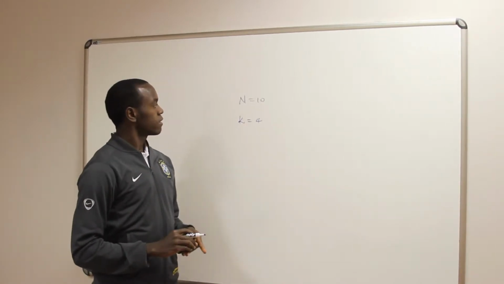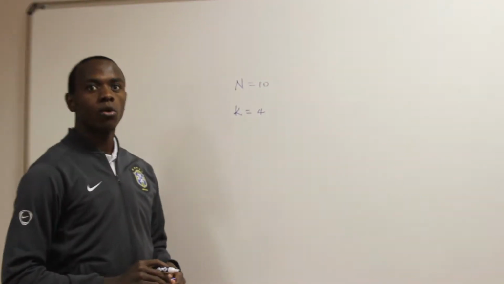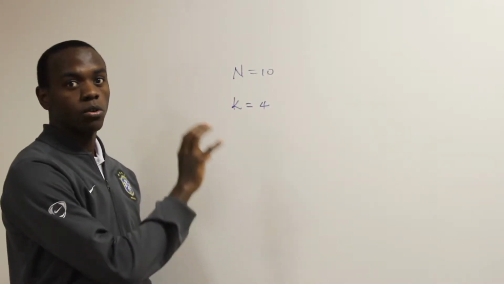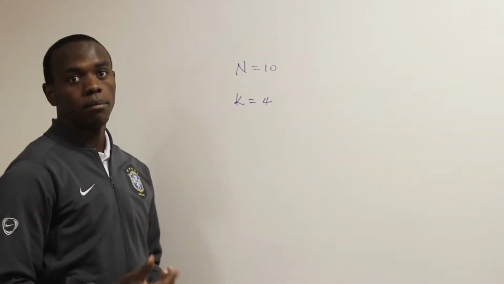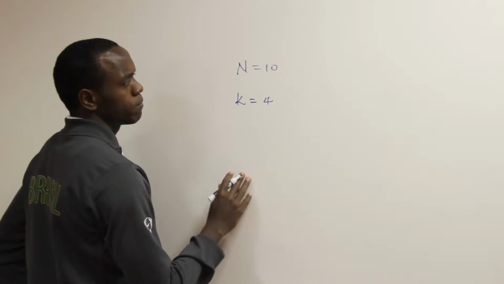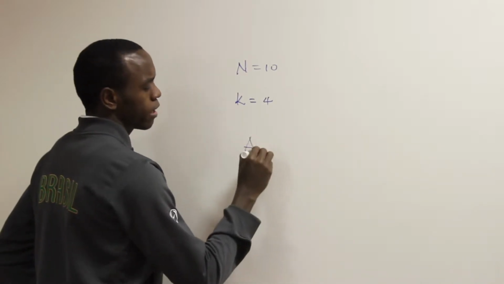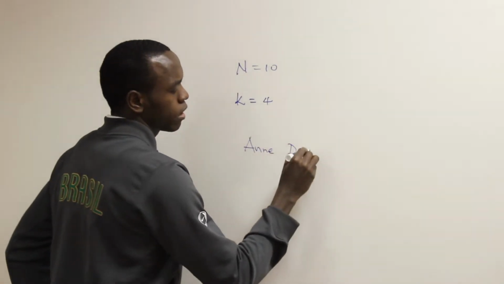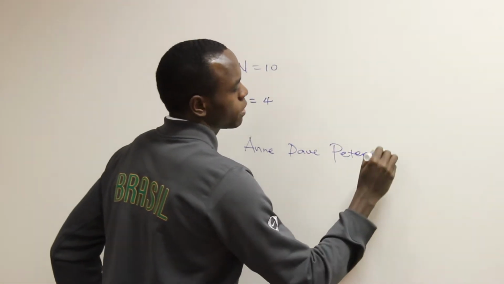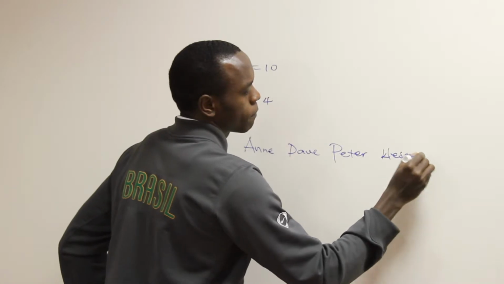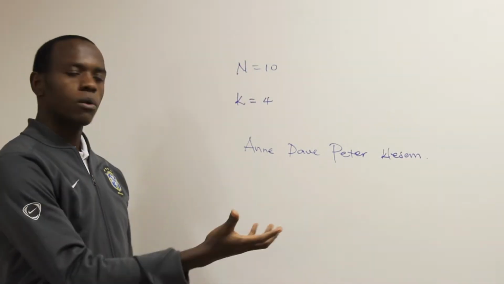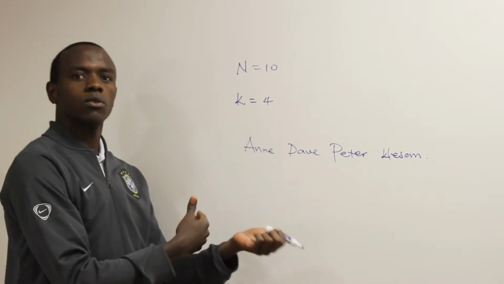So what does this tell us? It doesn't really matter the kind of order you will take to form these small subcommittees out of the 10-member club. So let's assume that these 4 people are Anne, Dev, Peter, and Wissam. If I'm to choose these 4 people to join my small subcommittee, it doesn't really matter which person I choose first.